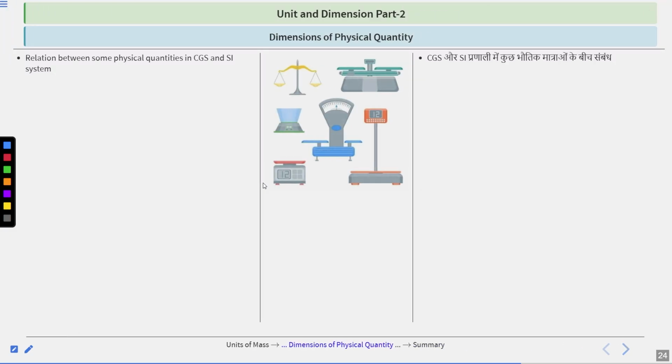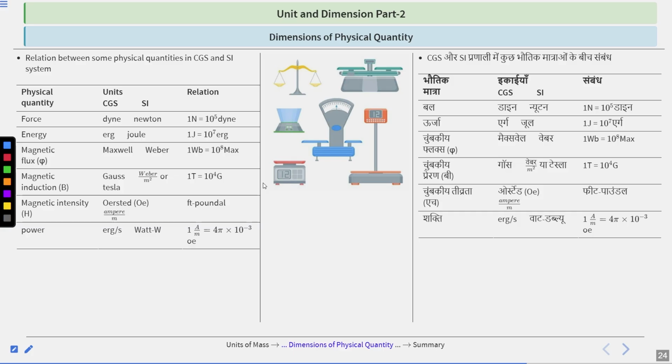Relation between some physical quantities in CGS and SI systems. Force, unit CGS dyne, SI Newton. Relation: 1 Newton equals 10 power 5 dyne. Energy, erg, joule. Relation is 1 joule equals 10 power 7 erg. Magnetic flux, Maxwell, Weber. Relation is 1 Weber equals 10 power 8 Maxwell.